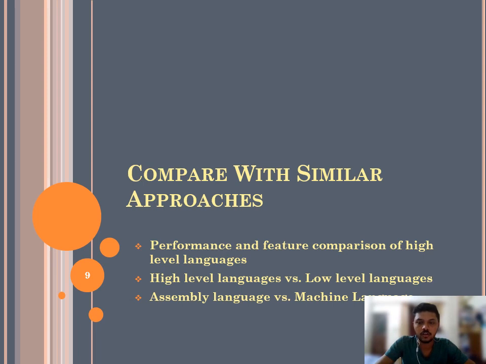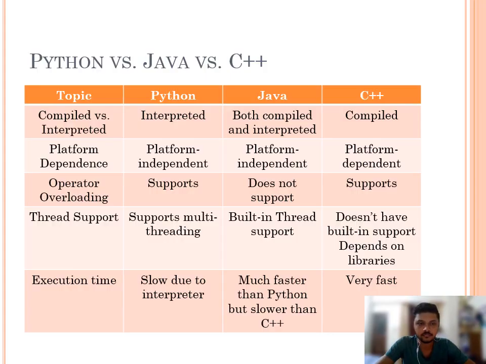Next we will look at the similar approaches in programming languages. Here we compared three high-level languages: Python, Java, and C++. Python is an interpreted language, C++ is a compiled language, and Java is used in both ways.